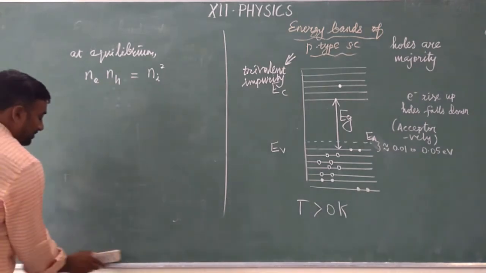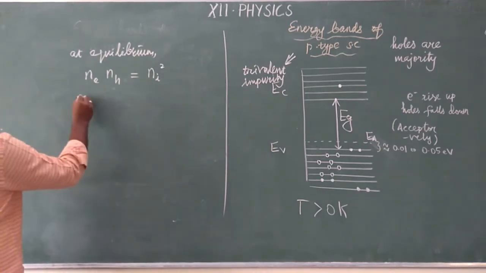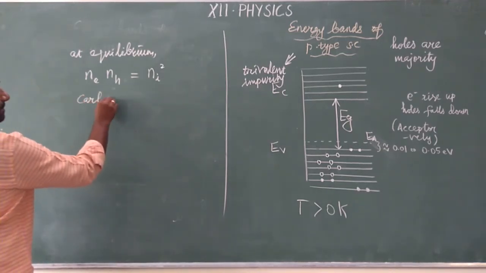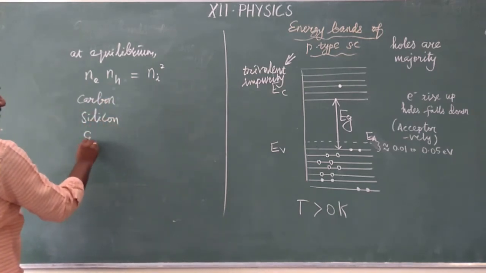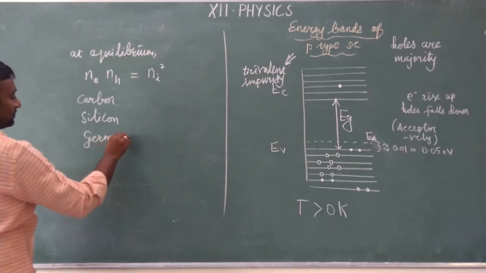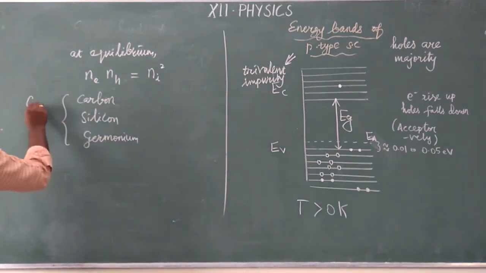We know the group 4 elements. What are they? Carbon, silicon, and germanium. These all belong to group 4 elements, depending upon their vacancies.